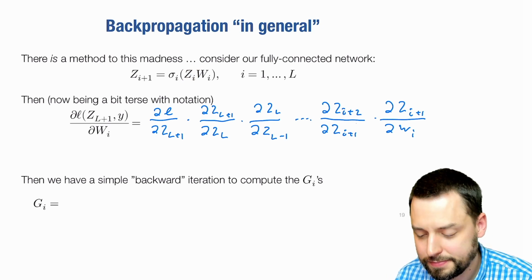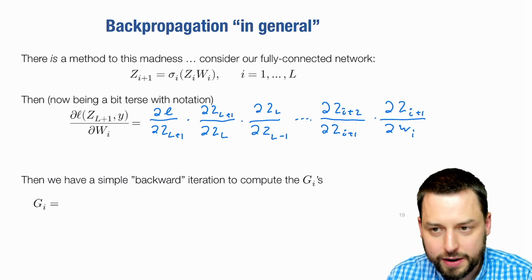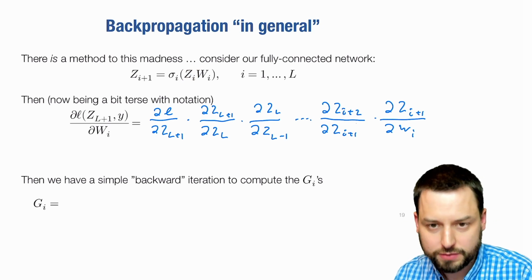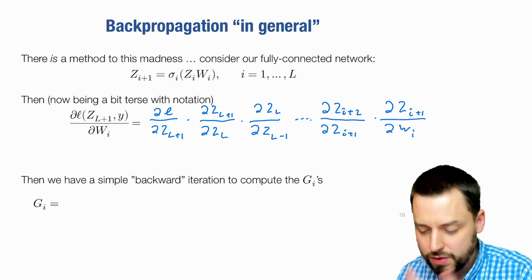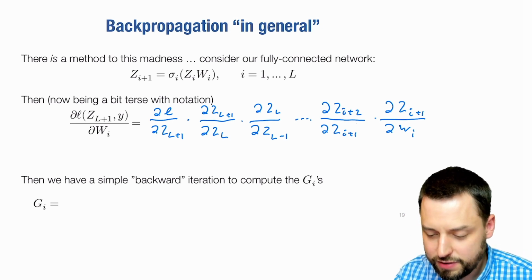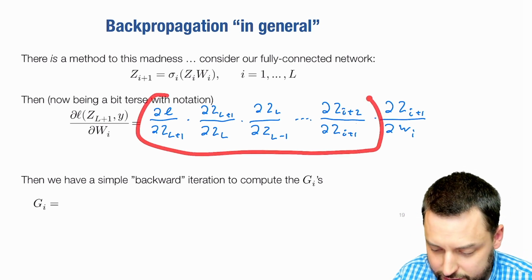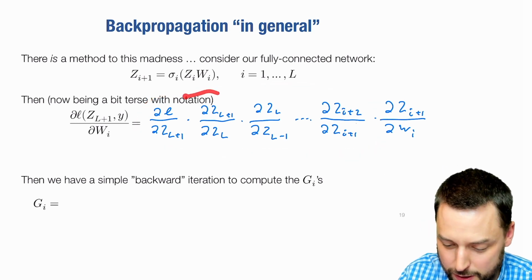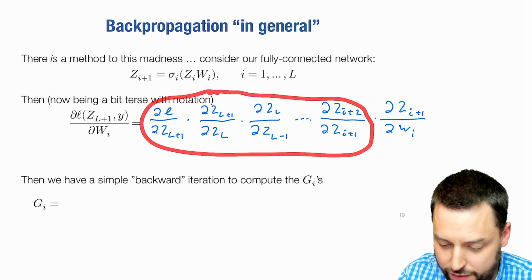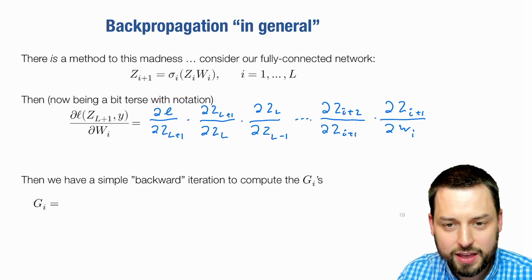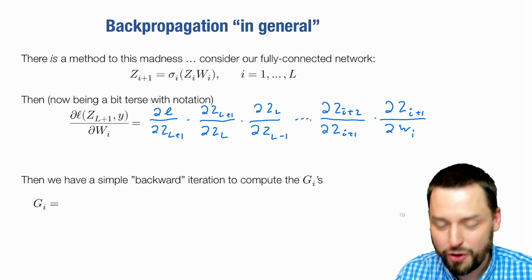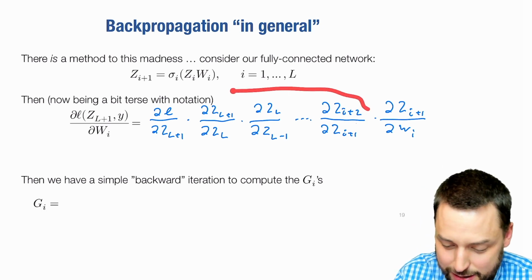Okay. Now, the interesting thing here is if you do this a lot, so imagine I did this for Wi minus 1, Wi minus 2, etc. What you would, of course, see is that a lot of these terms end up occurring again and again. This term here would occur in the derivative of any Wi less than this I, like it would also occur for I minus 1, I minus 2, this exact same term here would.